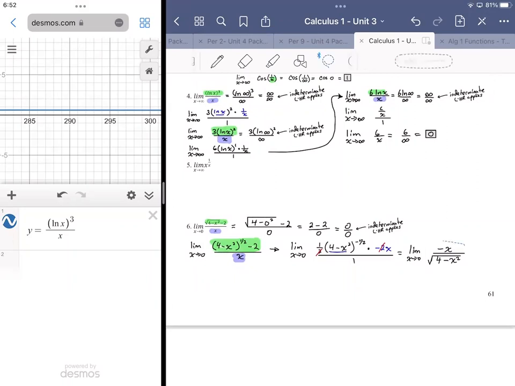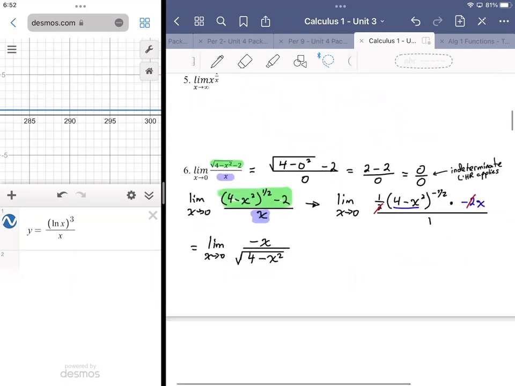It's just kind of anticlimactic, I guess. So if I plug in a 0, I'm going to get a 0 on the top and something other than 0 on the bottom, in this case, a 2. So it should give me a result of 0. Although I don't really remember that being the answer. We'll see.